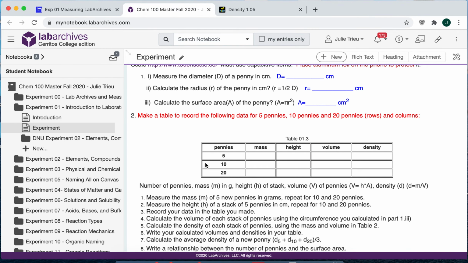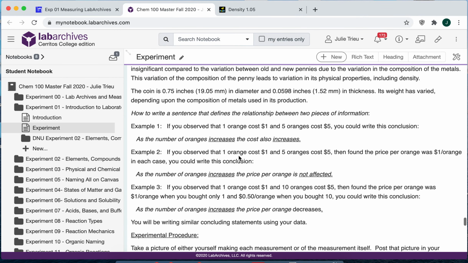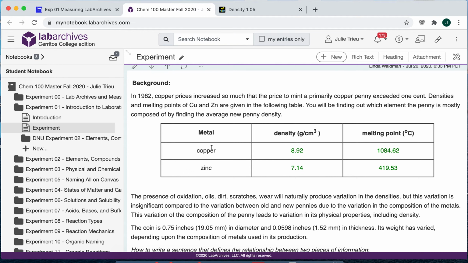And the last part, you're going to measure the density of the pennies. Pennies are made up of a mixture of copper and zinc. Copper and zinc have different densities. Copper is heavier, copper has a higher density than zinc. So the mixture of copper and zinc should have a density in between the density of zinc and the density of copper.